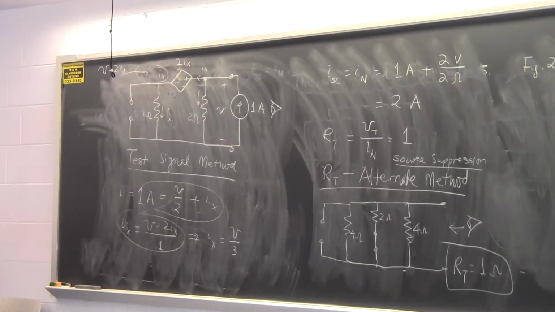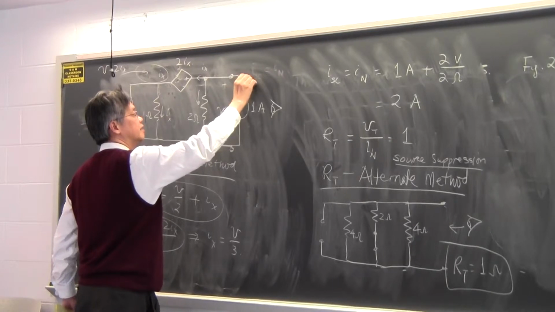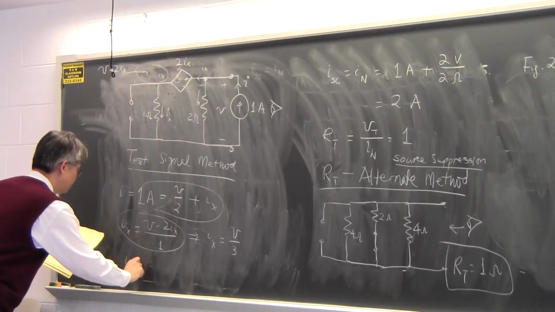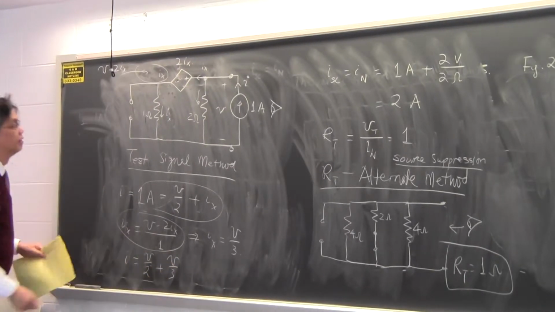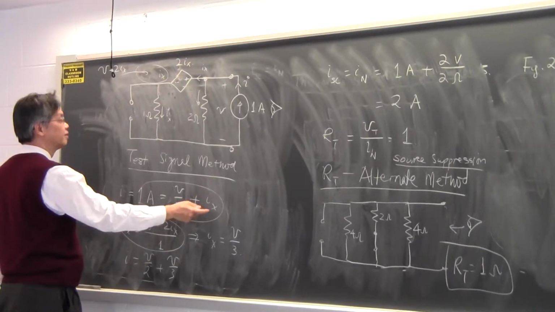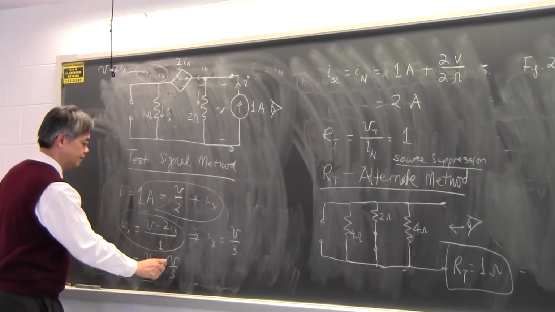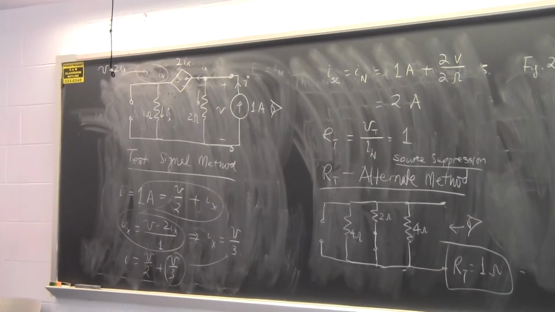But also know that the I that I inject in this circuit must be equal to V over 2 plus V over 3. It's just the current flowing through this branch plus the current flowing through that branch, which is Ix, which is V over 3. So I know what V over I is now.